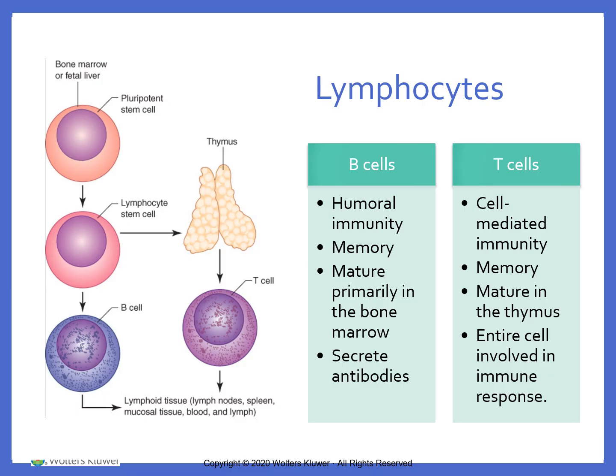Okay. Then both types of cells, T cells and B cells, travel to the lymphoid tissue. So these are places like the lymph nodes, the spleen, mucosal tissues, blood, and lymph systems, so that they can either be stored or travel throughout the body for use if there is an encounter with an invading antigen.